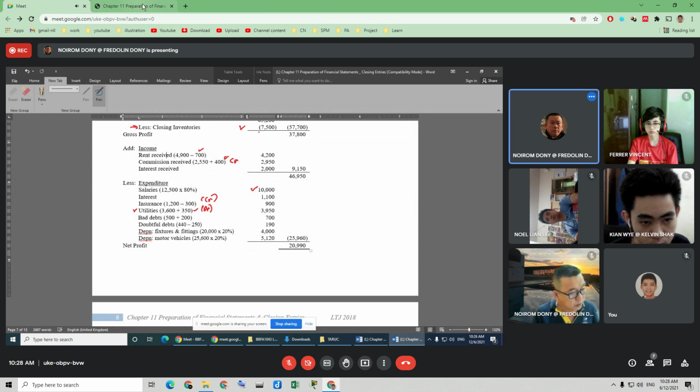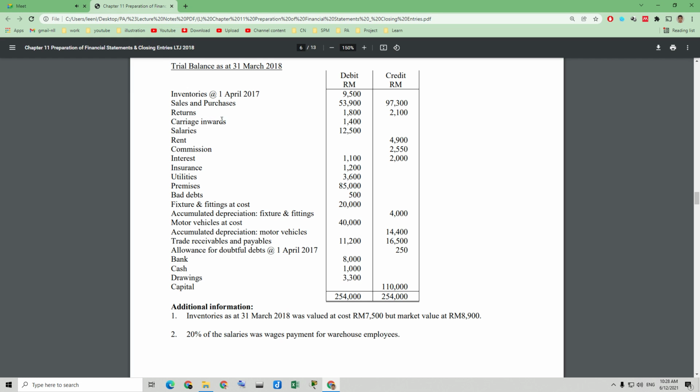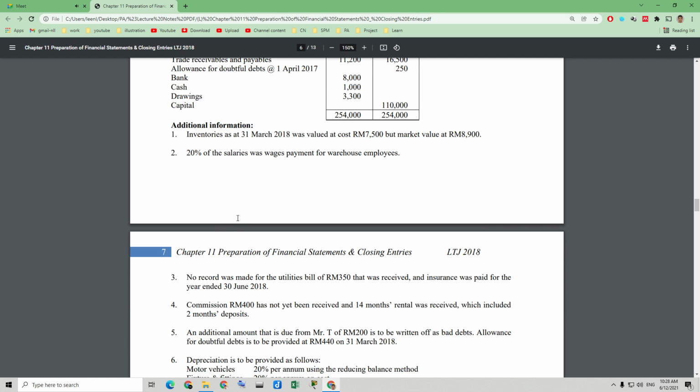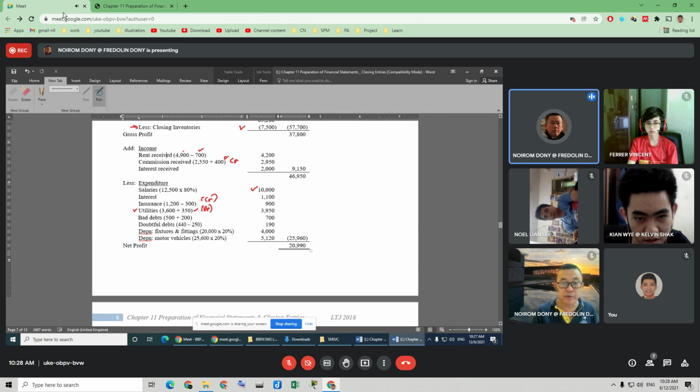So divide by 14, not 12. You have 4,900 in the trial balance. So divide by 14 months because the additional information stated that 14 months rental was received, which included 2 months deposit. So you have to divide by 14 months.